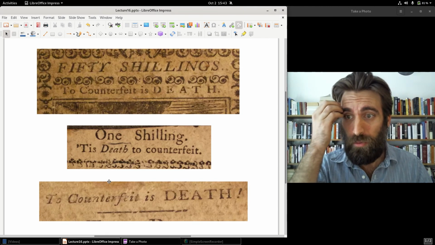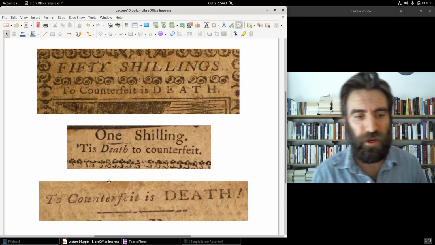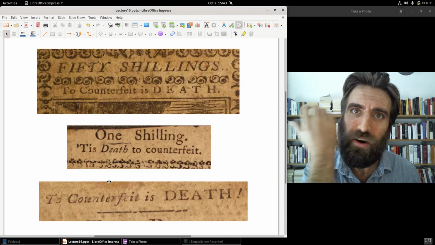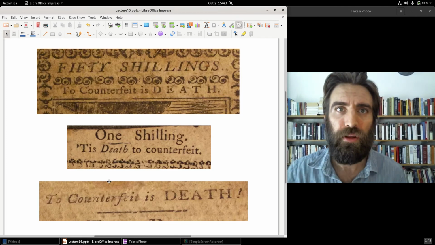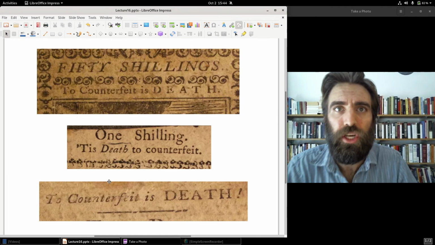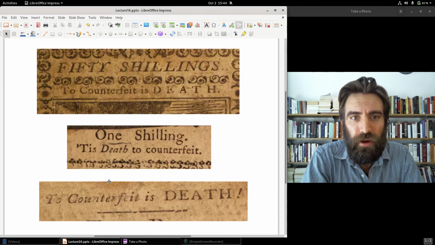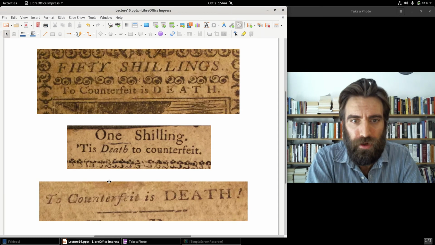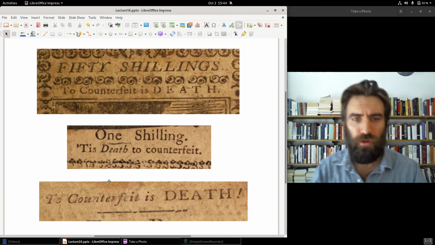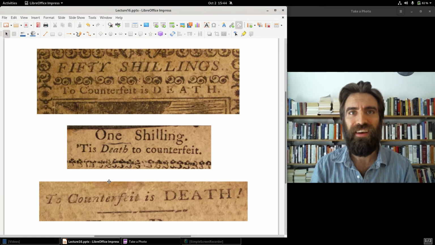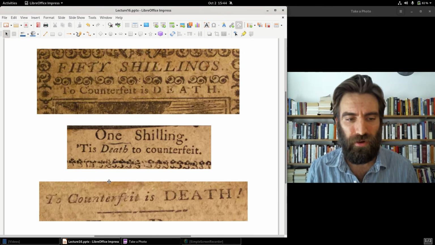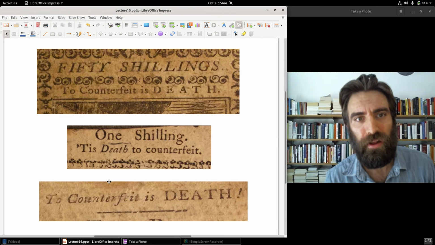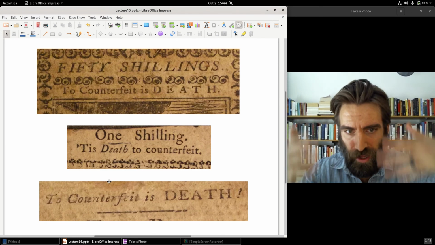In other colonies it wasn't a capital crime, but the same as with clipping, you were branded on the cheek with an iron brand, the letter C for counterfeiter. Another popular punishment was cropping of the ears. So counterfeiting itself sort of exposed the fraud if you were an opponent of paper currency. If the government can print money, well, why can't anybody do it? And so on and on.